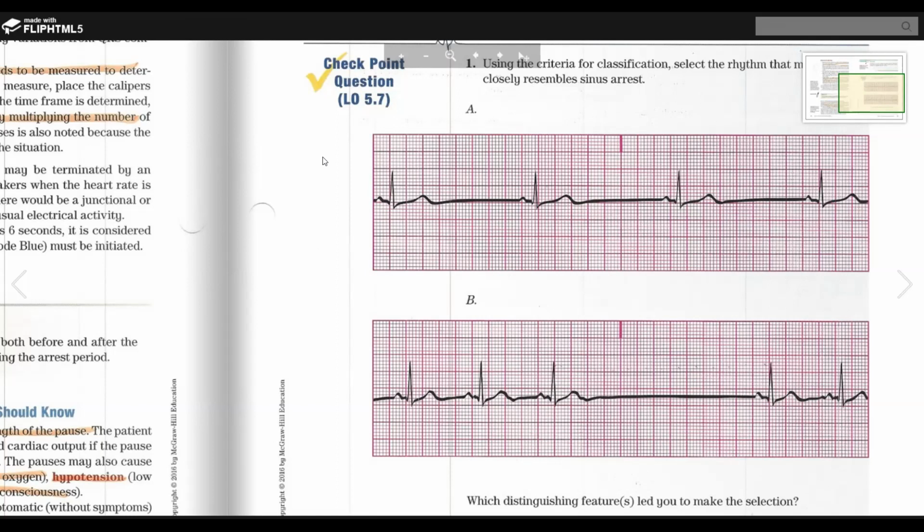From where did you start off? Because I got 10 big squares. You need to start from the R wave before it to the last one, I guess. Well, that's what I understood. I didn't hear him, to be honest.